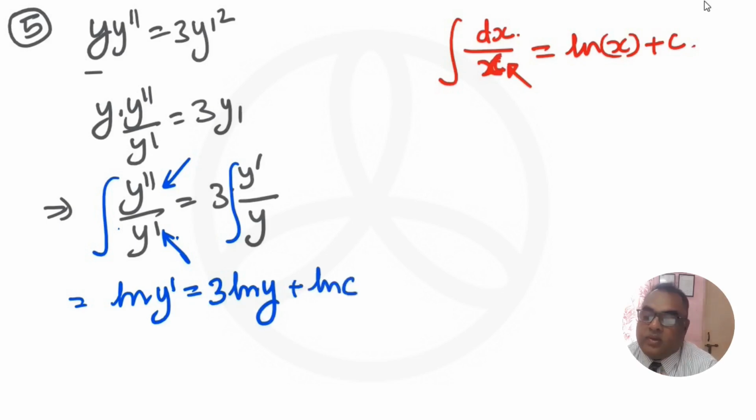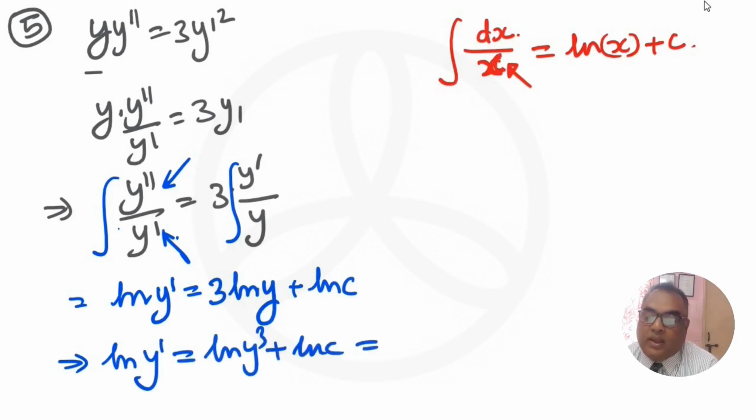This will give us ln y prime is equal to ln y cube plus ln c. This will be the logarithm of c y cube, and applying anti-log we will simply get y prime is equal to c y cube.